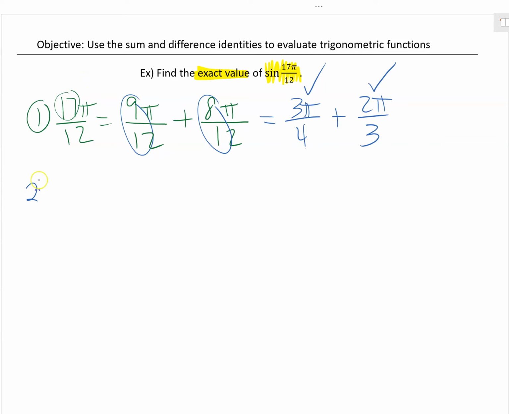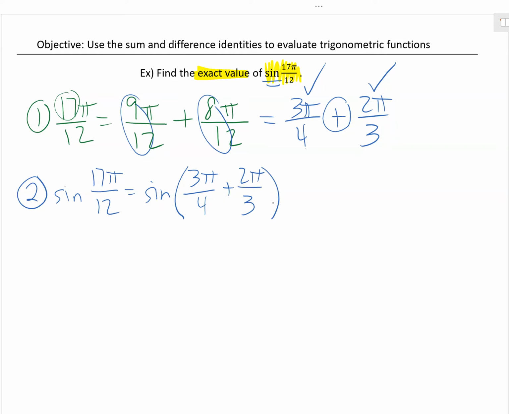So now I have to realize I am now finding the exact sine value of this angle 17 pi 12ths, and I'm looking at a sum of 2 angles. So my sine of 17 pi 12ths would be equal to the sine of these 2 angles added together, 3 pi 4ths plus 2 pi 3rds.